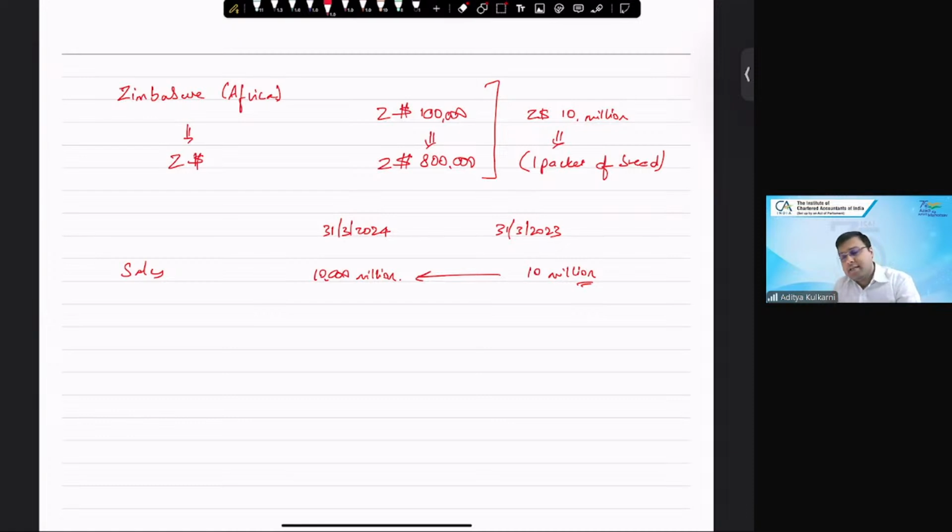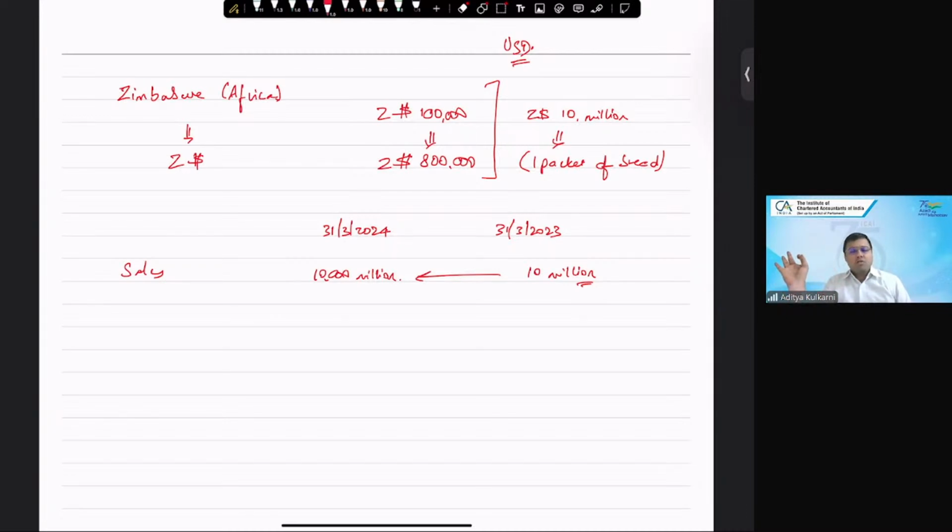Similarly, Zimbabwe changed their currency. Today you go to Zimbabwe, all transactions happen in US dollars. You want to buy bread, you take $6 in your pocket, go to the store, pay $6, get your bread and come. You cannot deal in their own home currency because it is just pieces of paper. If 10 million Zimbabwe dollars fall from your pocket, let them fall. It is just a weight that you are carrying in your pocket, nothing more than that. It's equivalent to trash. How did this come about?